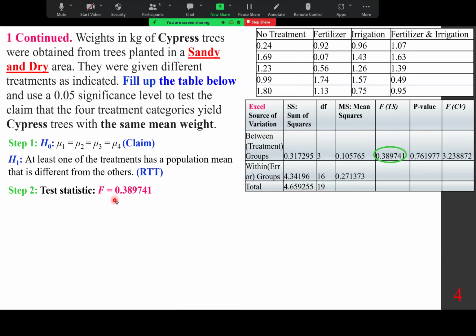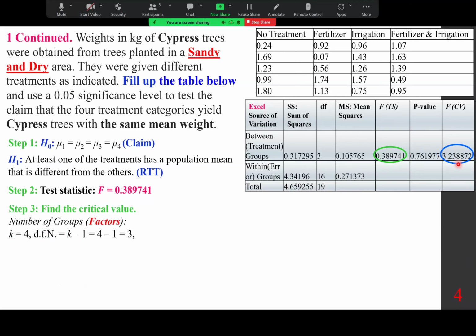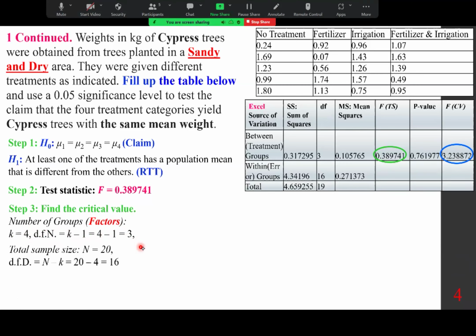Finding the critical value, first of all, this is the critical value. Secondly, if you were to find it from the table, number of groups factor, K is 4. Degrees of freedom of a numerator is K minus 1, 4 minus 1 over 3. Total size, 4 times 5 is 20, and minus the number of categories, 16. That would be the degrees of freedom of the denominator. And alpha is 0.05, and you can pick it up from the table.